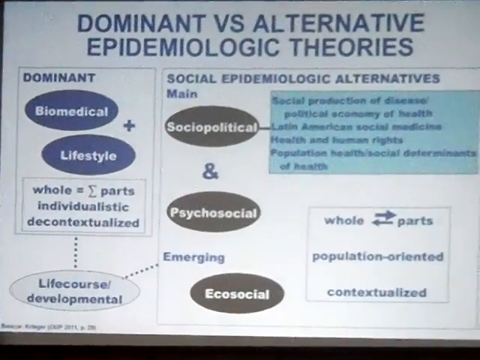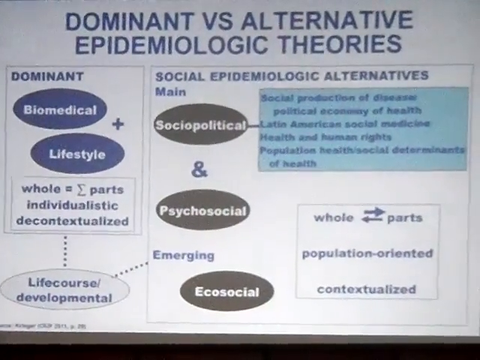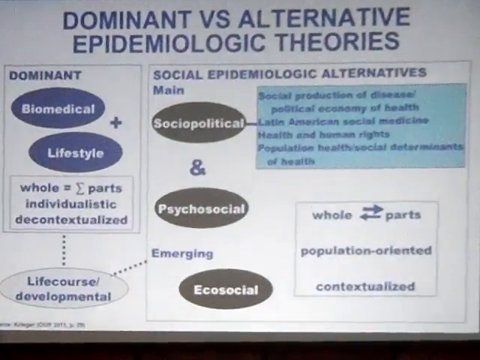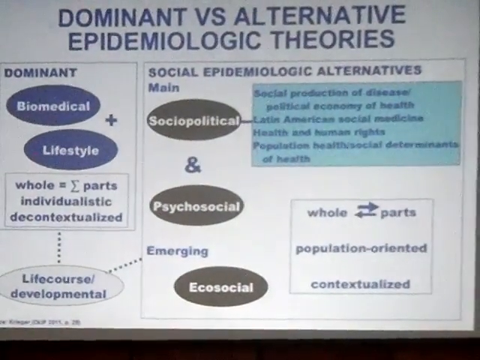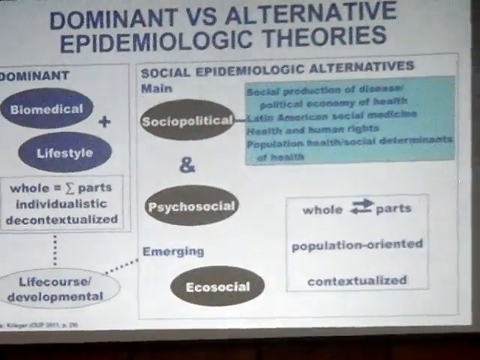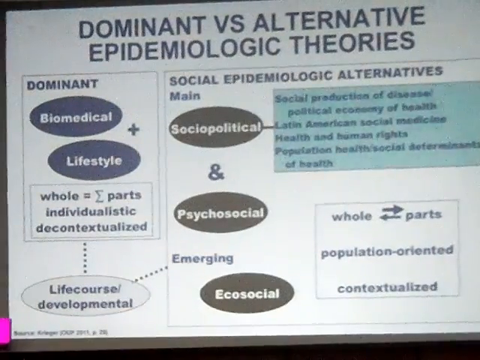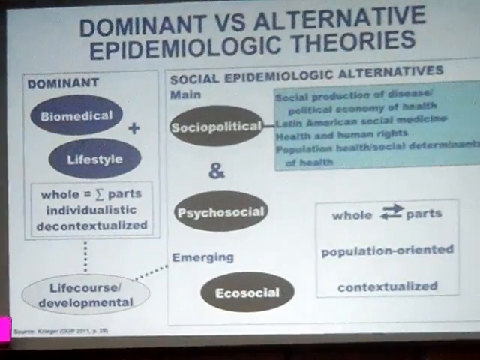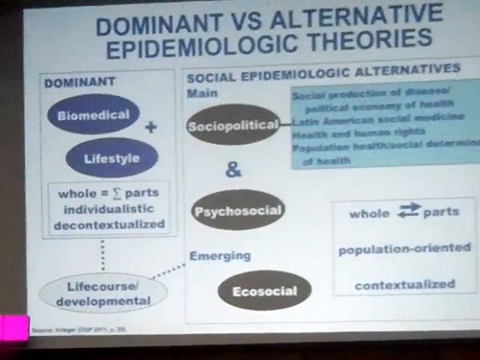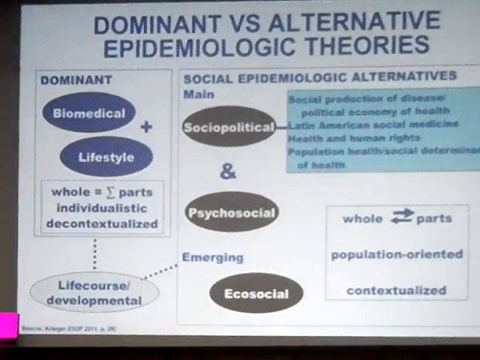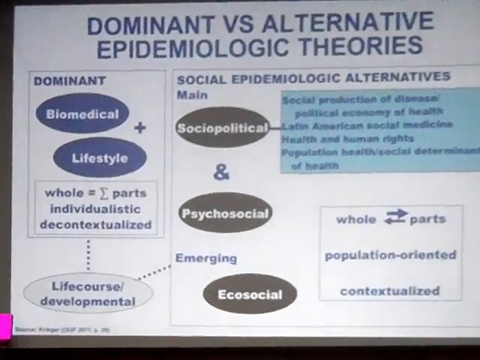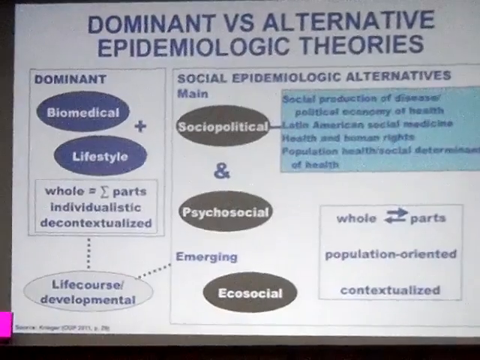The alternative theories include diverse trends that generally cluster under the umbrella of social epidemiology and can, as I will describe, be subdivided into three general types: sociopolitical, psychosocial, and ecosocial. Of note, life course developmental theories can be incorporated into both the dominant and alternative perspectives, but how this is done depends on the theory at issue.